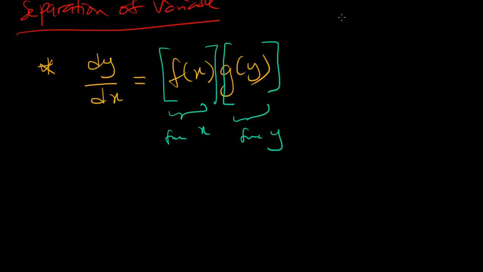Let's review the type of this ODE. There is a dy/dx. You cannot find any y squared or y cubed. You can only find y to the power 1, the first derivative. So this is first order, and this whole equation must be first order. The second thing you can see is that you cannot find any constant.